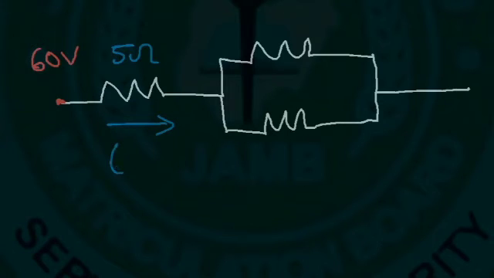Let's say there's a current of 6 amps that flows through this resistor. And let's say this particular resistor has a value of 3 ohms and this one is 6 ohms.